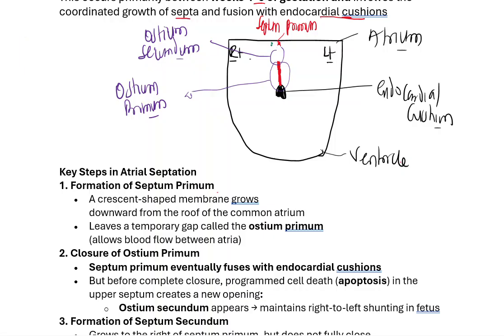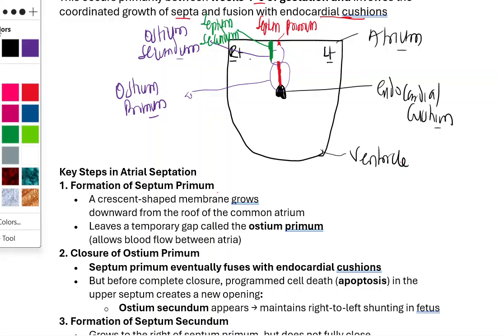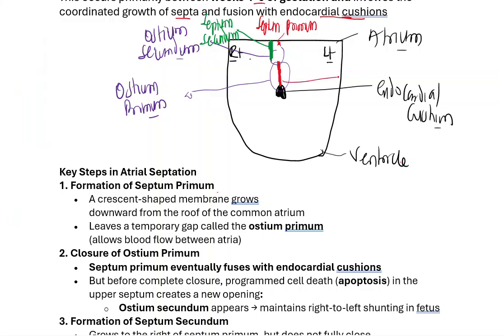And now, we're going to have a new septum that appears from the roof. This new septum is going to be the septum secundum. This septum secundum also will be growing towards the endocardial cushion. This green one is going to be the septum secundum, and of course, the red one still remains our septum primum.